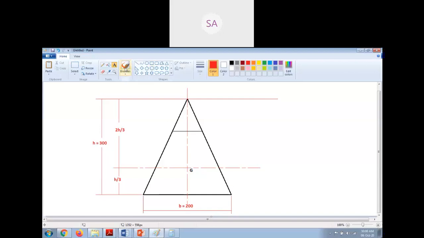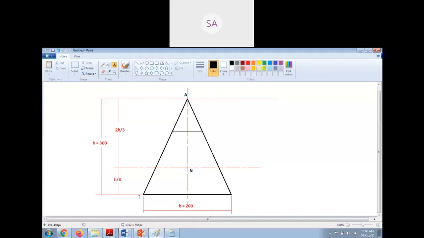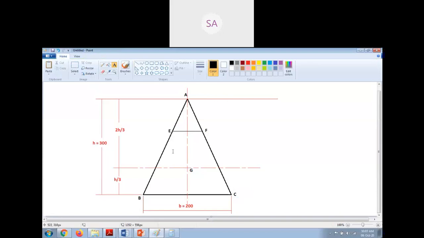Let me name these important points: A, B, C, and E and F. So I have two triangles ABC and AEF.